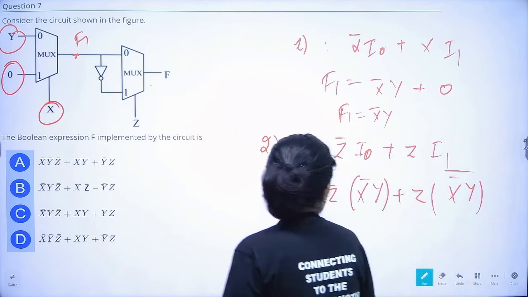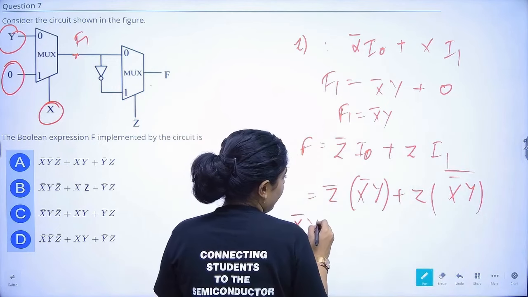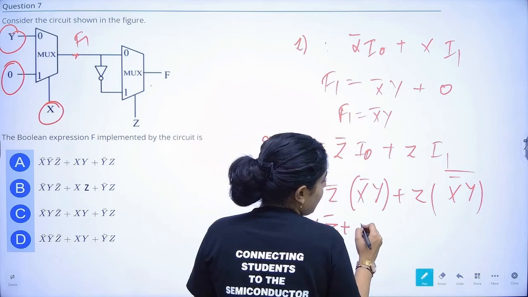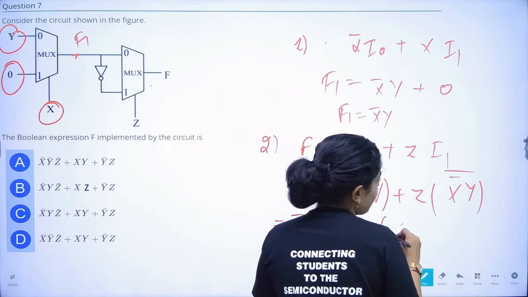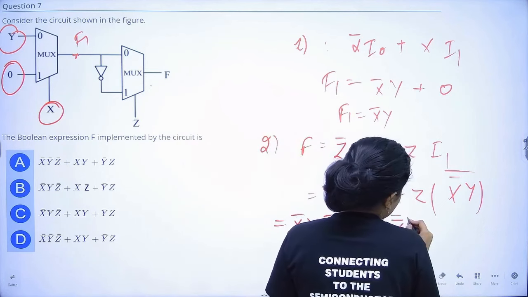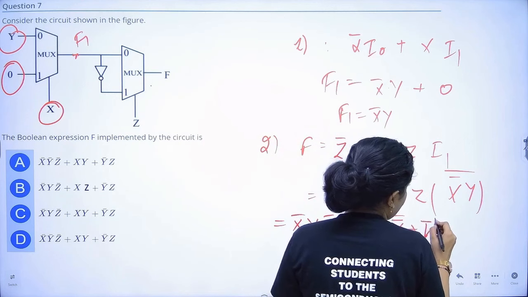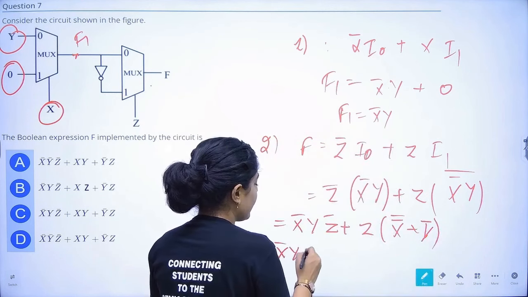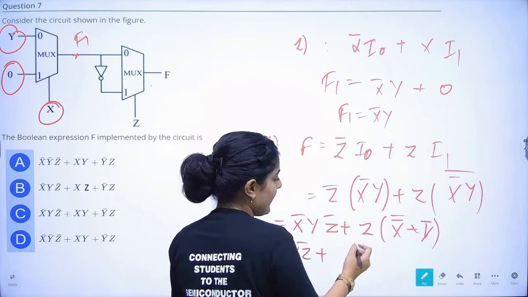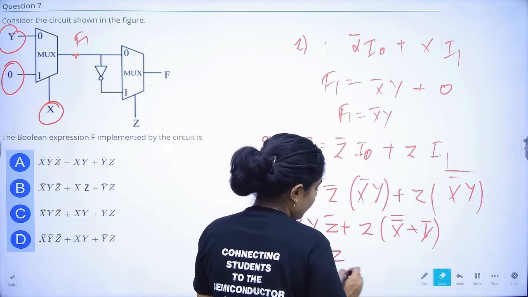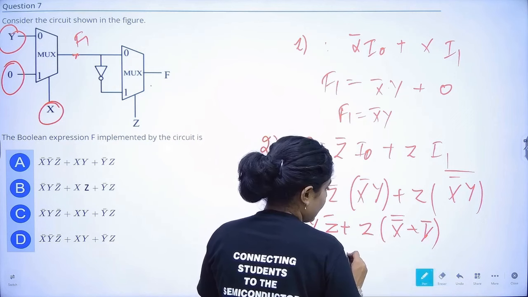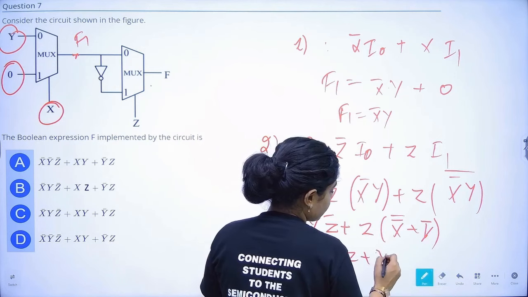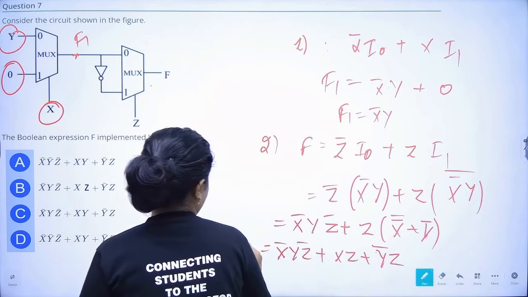To solve it further, that is X bar Y Z bar plus Z. If I open this, that will be X bar bar plus Y bar. X bar bar will be X only. So X Z plus Y bar Z. So this is your final output F.